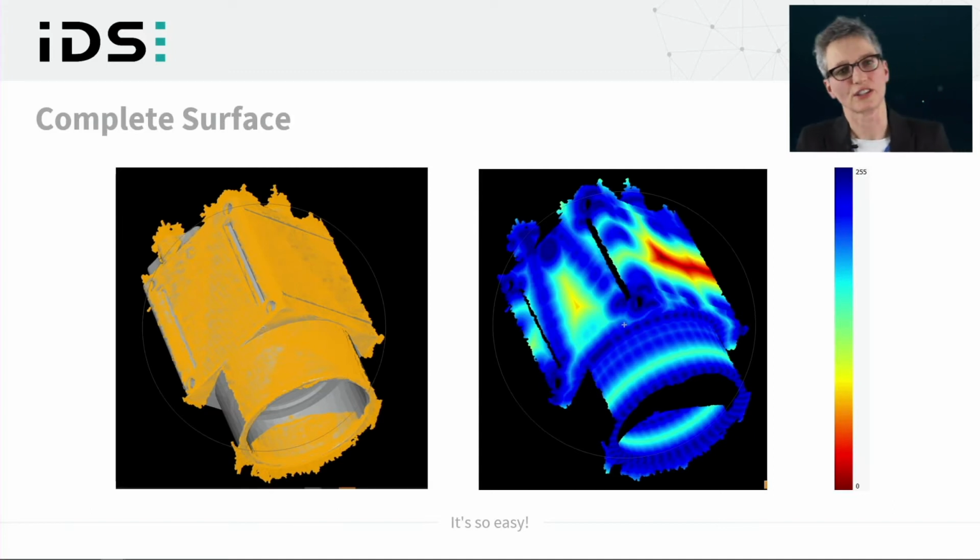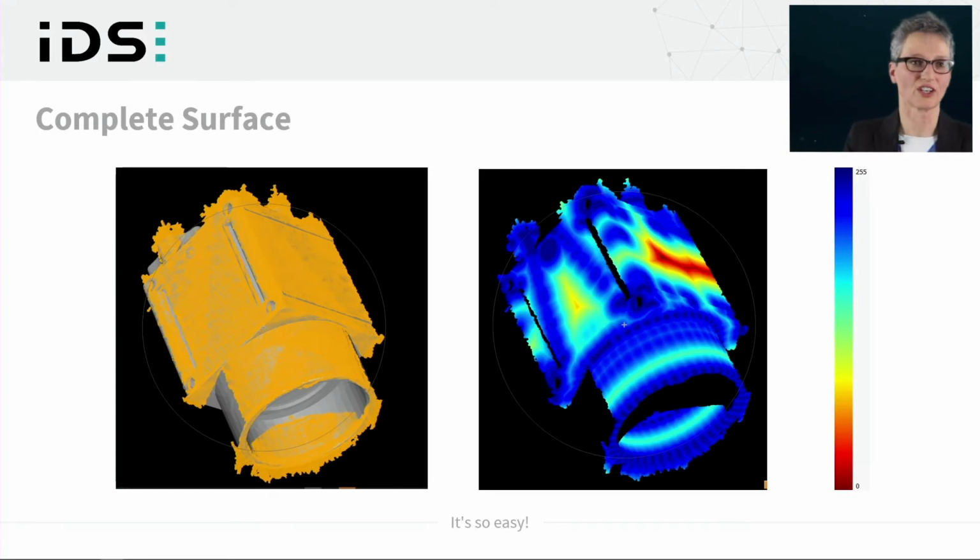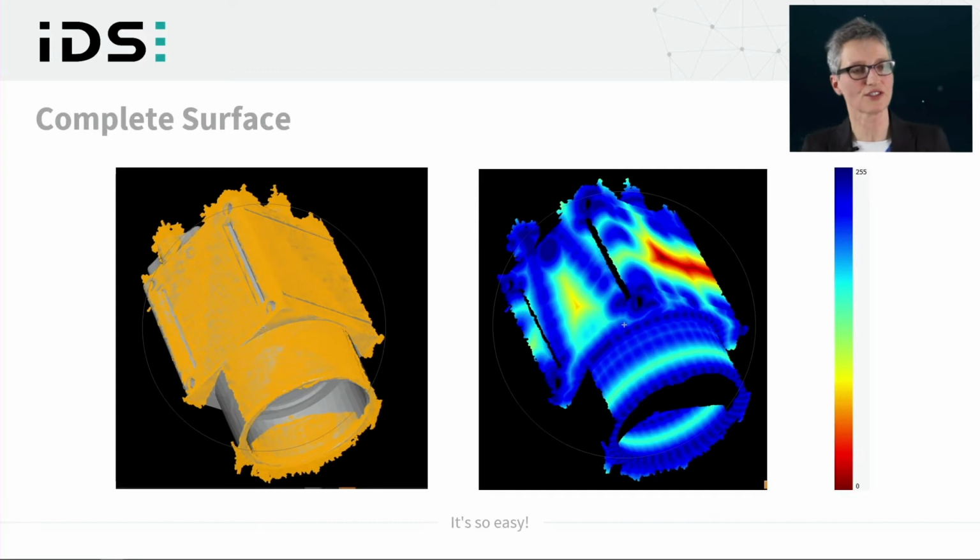And in this image on the right side, I used MVTec's software HALCON to calculate the distances between the points and the surface of the CAD model. The color is coded from the smallest to the largest distance, and you can see the points that are close to the surface are marked with red color, and the points that have the largest distance to the CAD model are marked with blue color.